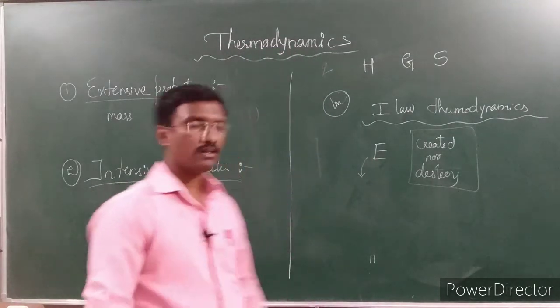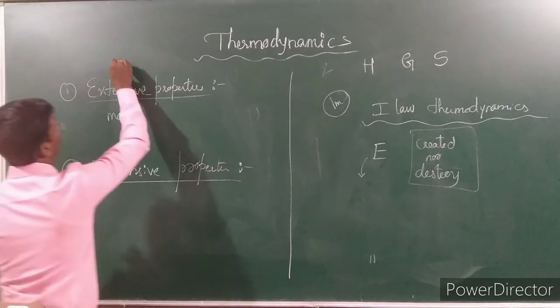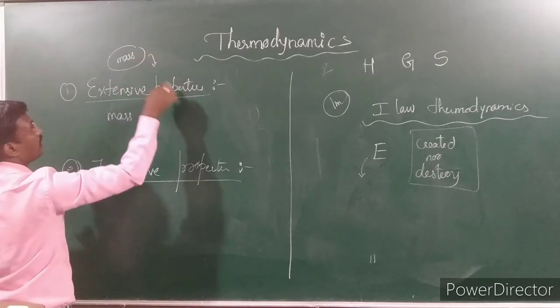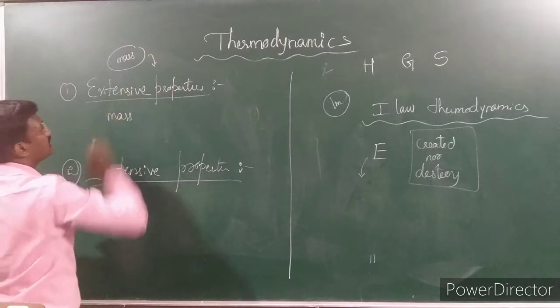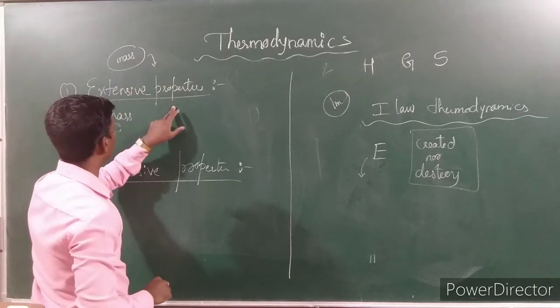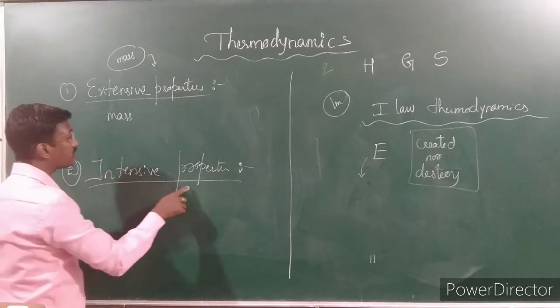Lesser the matter, lesser will be the mass. The property which depends on the mass is called extensive property. The property which does not depend on the mass is called intensive property.